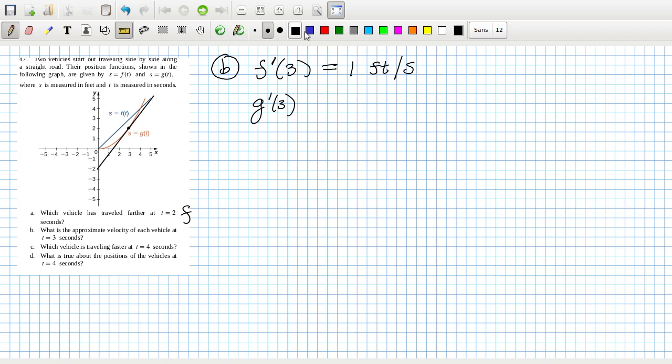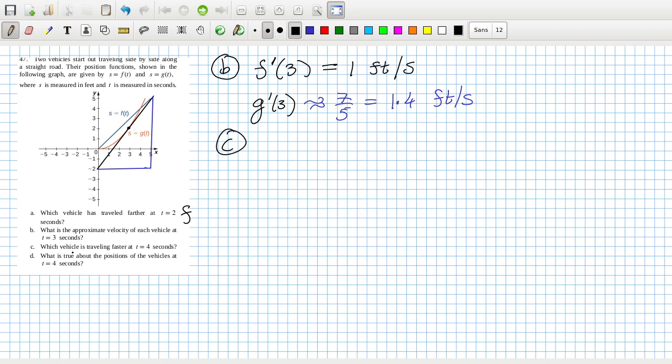Not bad. Okay. Let's get the rise and the run here. Roughly equal to 7/5, which is roughly equal to 1.4 feet per second.